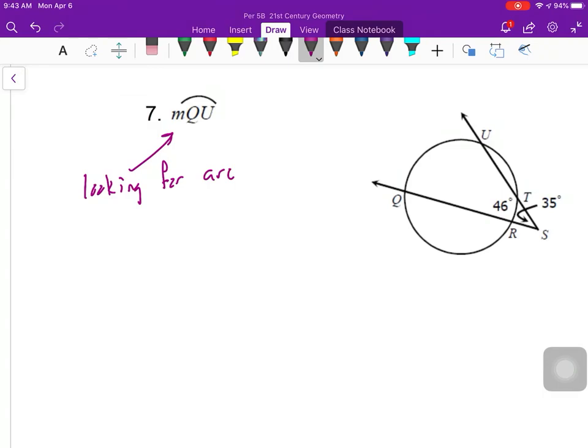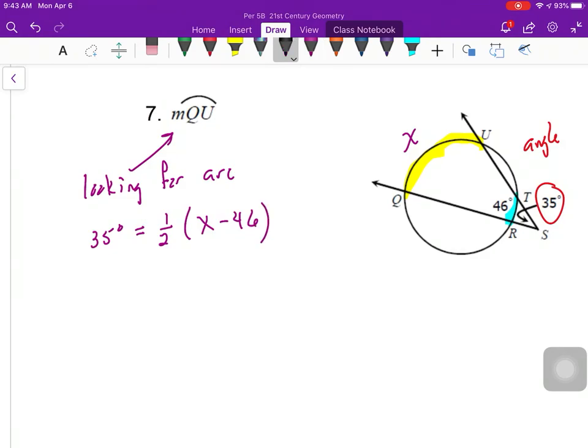Seventh example. Again, looking for an arc. And the arc that we're looking for is from Q to U. And that's our X. We have the other arc. And we have the angle. So when I set it up, I would have 35 degrees equals half the big arc minus the small arc.